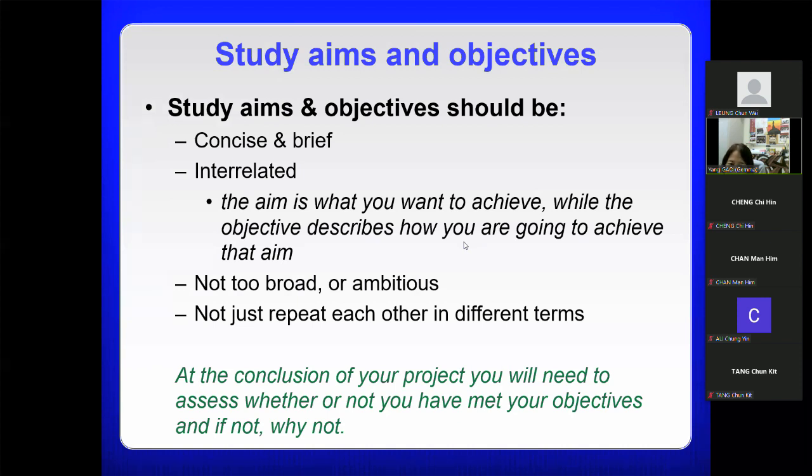The aim should be what you want to achieve, while the objectives should be the tasks you want to achieve. Do not make the study aim and objectives too broad or too ambitious. Also avoid repeating each other in different terms.